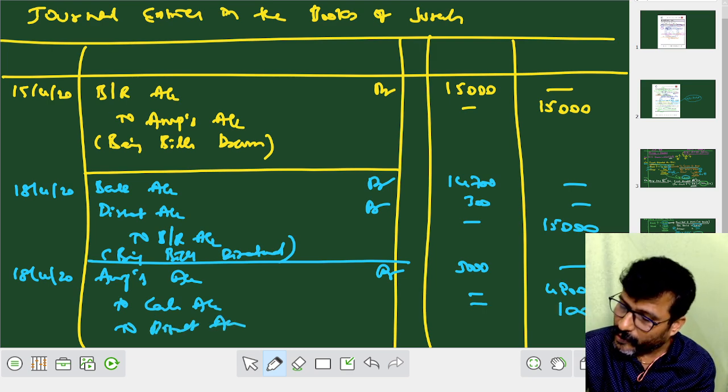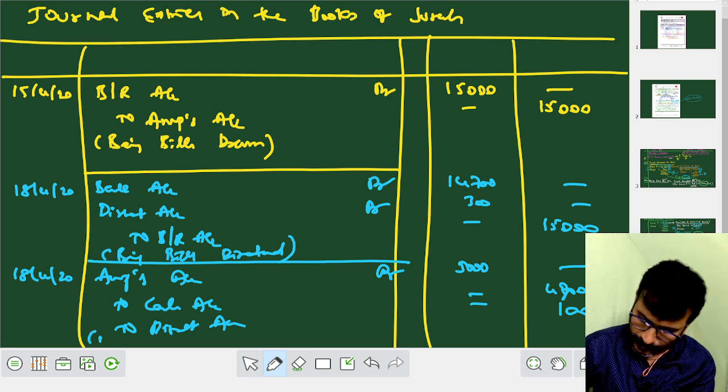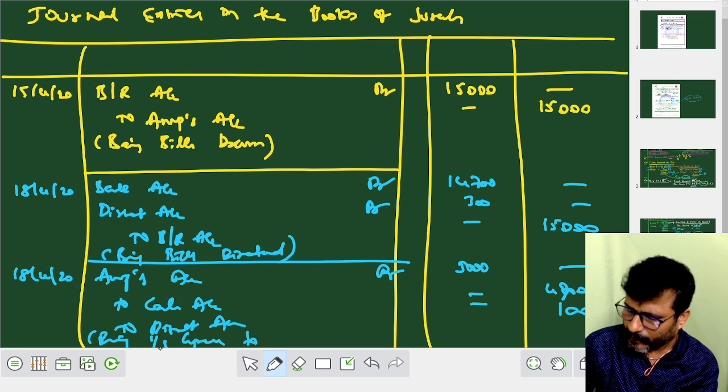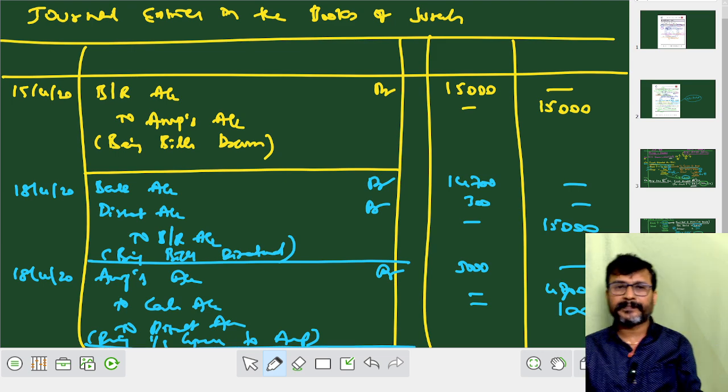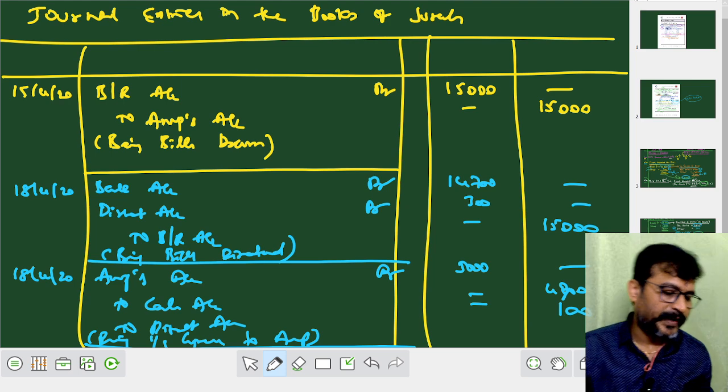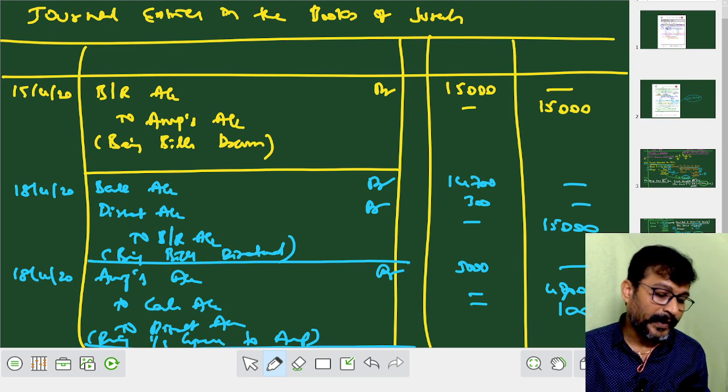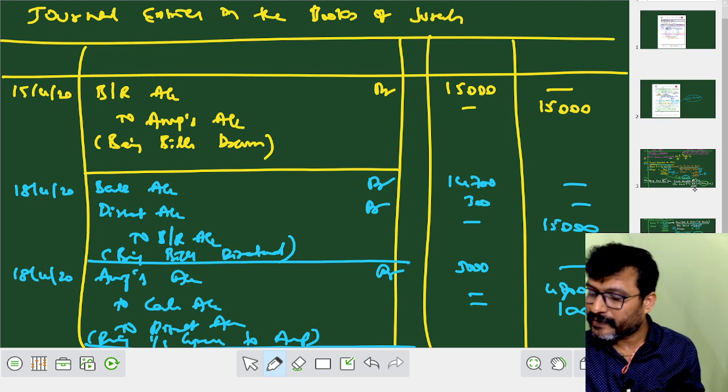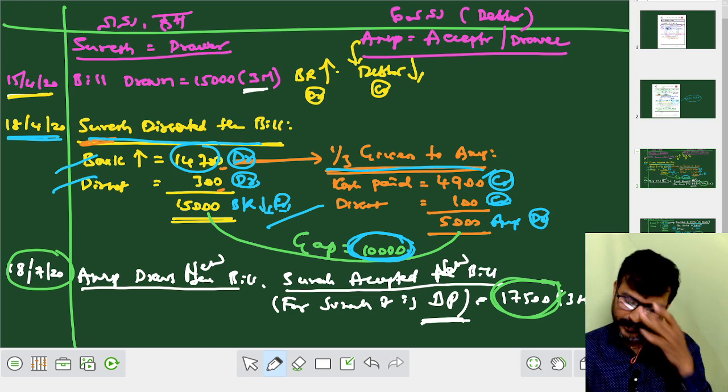To discount account 100. Being 1/3 given to Anup. Is it finished, my dear student? What happened? Then next. Go for next concept.